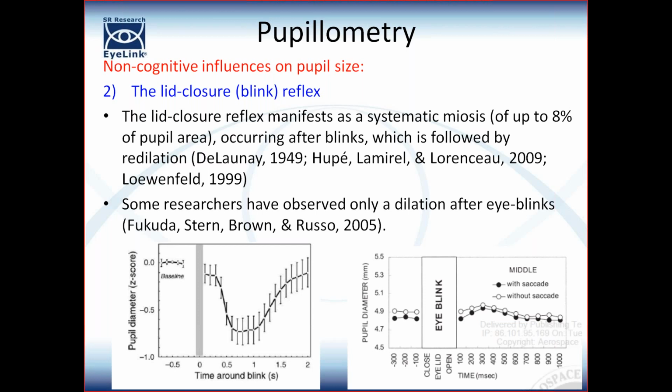It's not always clear exactly what this effect is. The effect on the eye tracking data, as the eyelid descends over the pupil, is an ever smaller portion of pupil left for the eye tracker to track. So the eye tracker will see what looks to it like a very, very quick reduction in pupil area, and you will see this in your data.